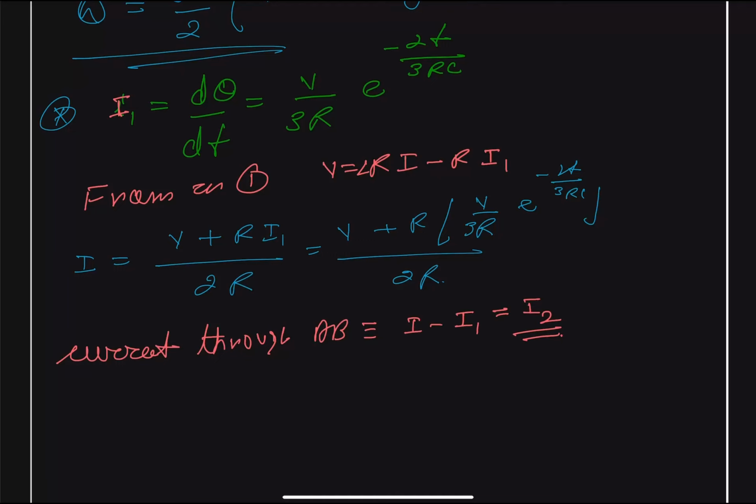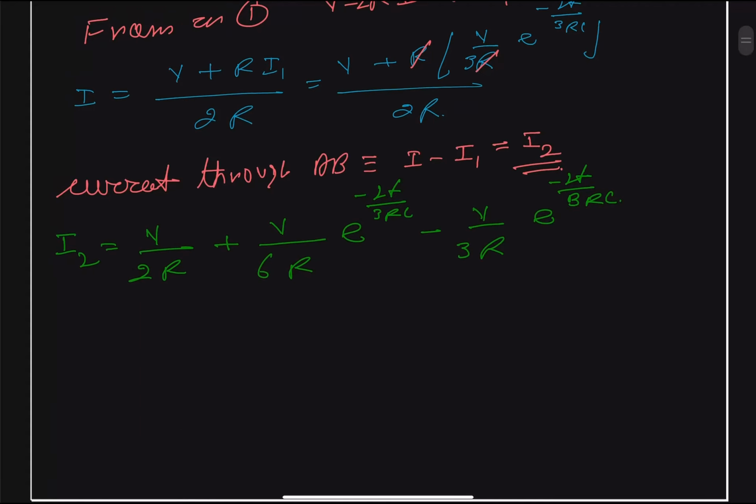So we can simply write I2 equals I, and here R and R cancel out, so I2 can be written as V upon 2R plus V upon 6R e raised to power minus 2t divided by 3RC, and I1 is minus V upon 3R e raised to power minus 2t divided by 3RC.